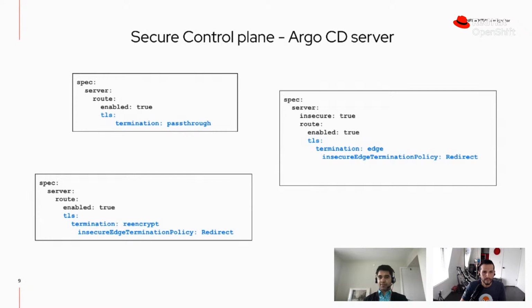When you installed OpenShift GitOps, you could open the console, and you had a bunch of services there. Now we want to ensure that anything that's exposed to the internet is well secured. Anything that's not exposed to the internet should also be secured. That means any intra-service communication happening in the control plane should be as secure as anything that's outside.